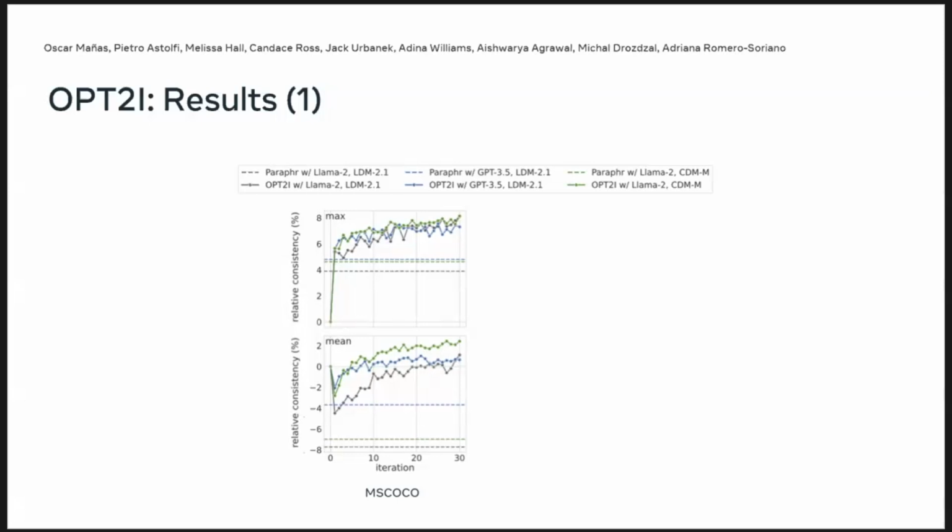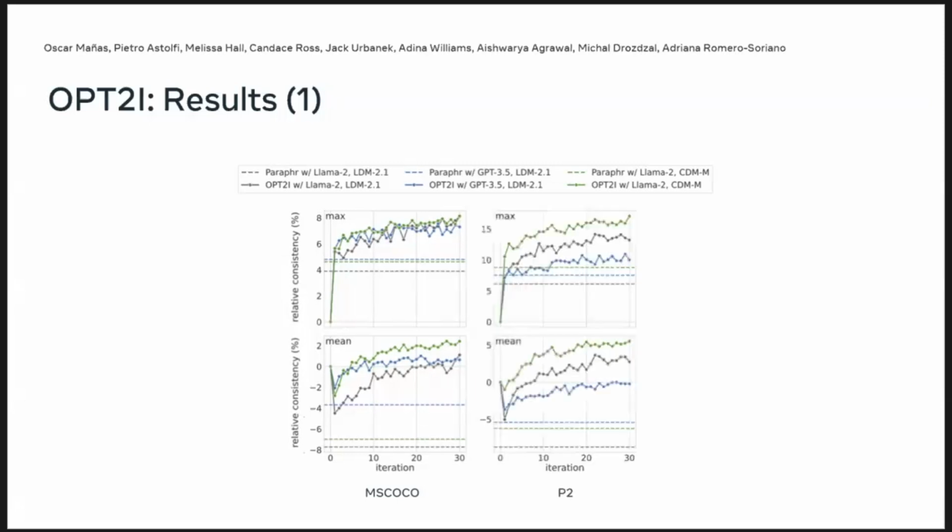And what we see here is that as we keep increasing the iterations, in all the cases that we do optimization by prompting, both when considering the maximum or the average score at each iteration, we keep improving the prompt generation consistency. We have similar observations when we move to the Parti Prompts data set.